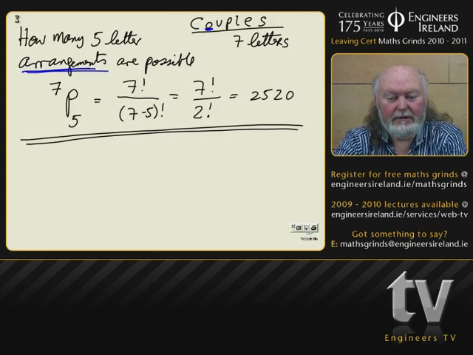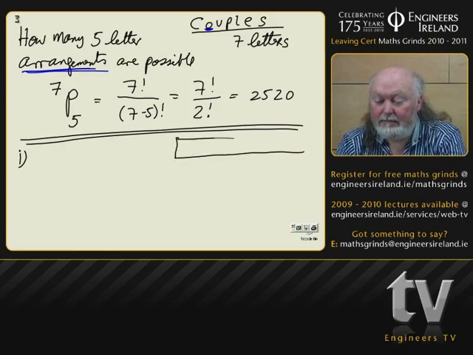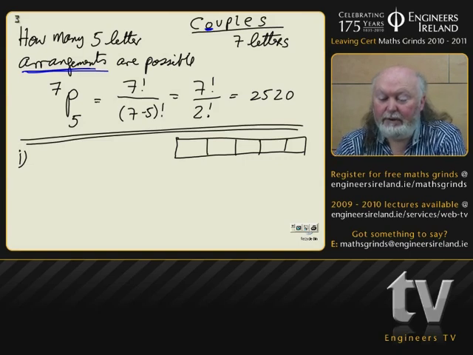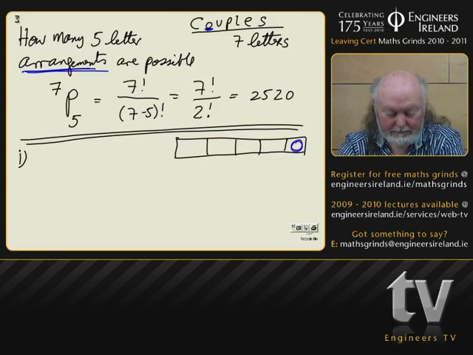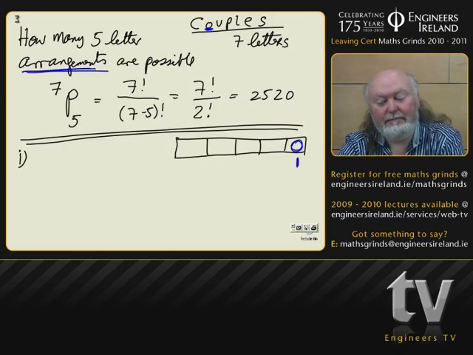What you can see in this second question is that of these 5 that we're going to look at, we're forced now to shove an O in here. There's only one possibility with that.